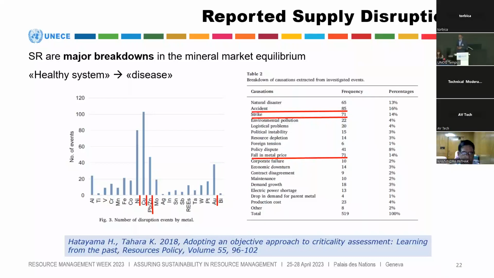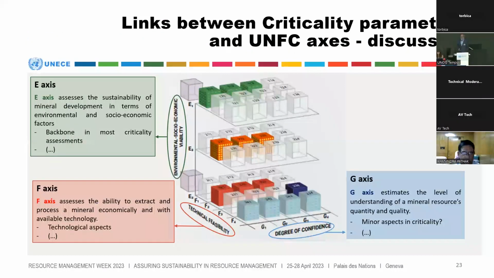And the main reasons for supply disruptions are accidents at the mine level, strikes, and fall in metal price. So being one that has been active and engaged in this criticality assessment, I ask myself whether we are able to predict or estimate or assess this type of possible supply disruption.